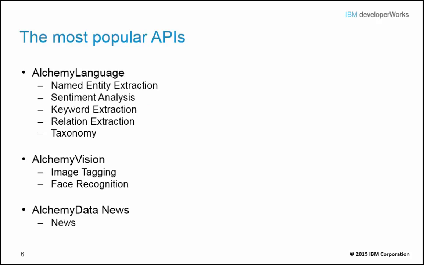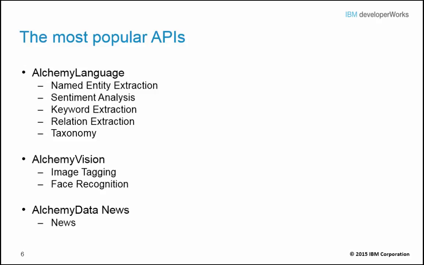Alchemy APIs fall under three categories: Alchemy Language for text analysis, Alchemy Vision for image analysis, and AlchemyData News for parsing news feeds. The most popular Alchemy language APIs are sentiment analysis, along with named entity extraction, keyword extraction, relation extraction, and taxonomy categorization.